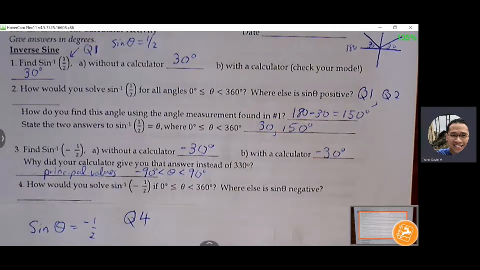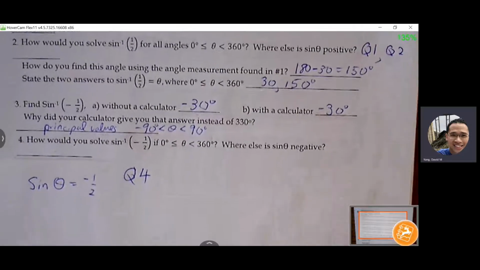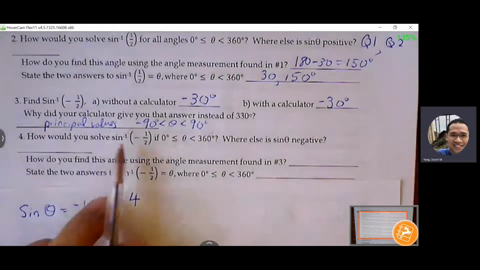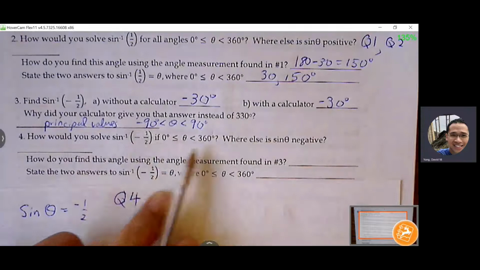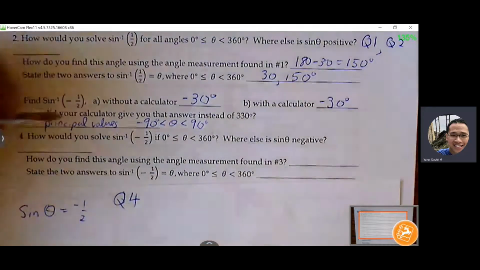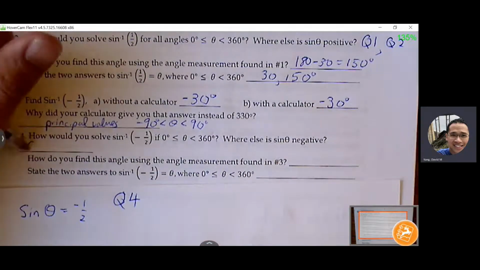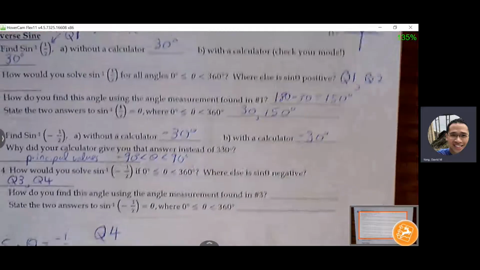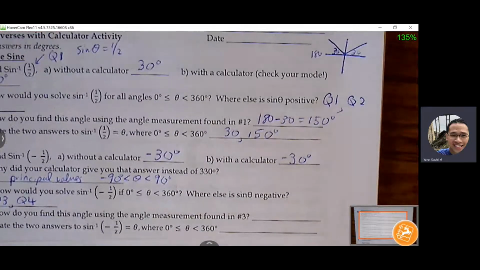Okay, so number 4, how would you solve inverse sine of -1/2 where theta is between 0 and 360? We know that, let's see, where's sine going to be negative? Quadrant 3 and quadrant 4. We know it's going to be involving 30 degrees as reference angle, so we can go back.